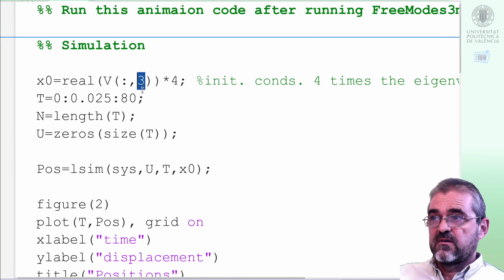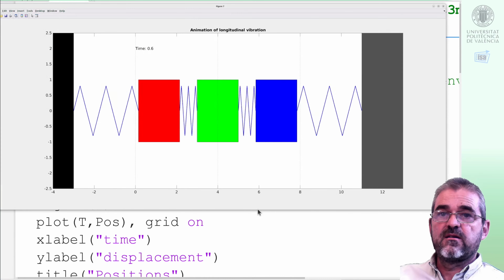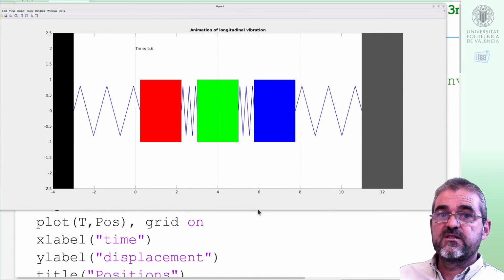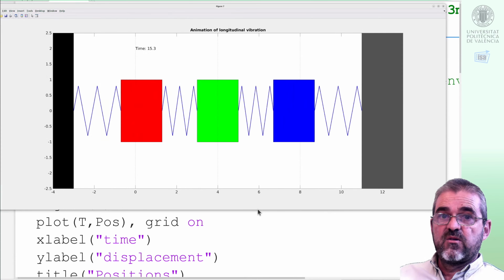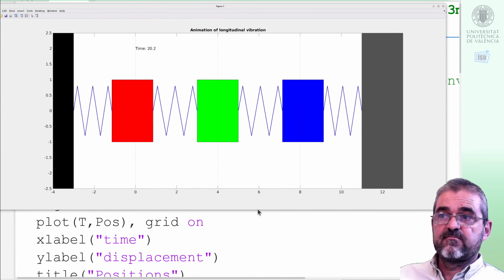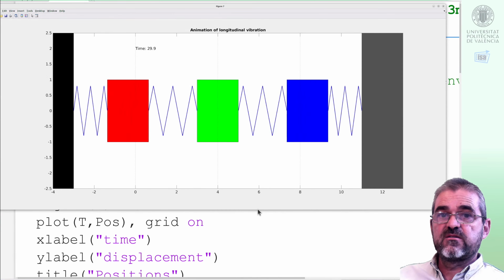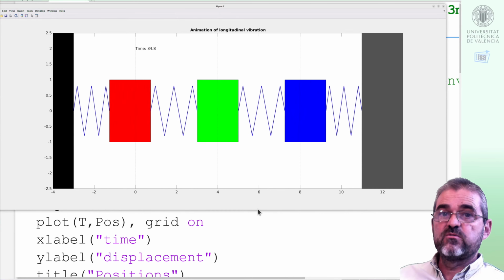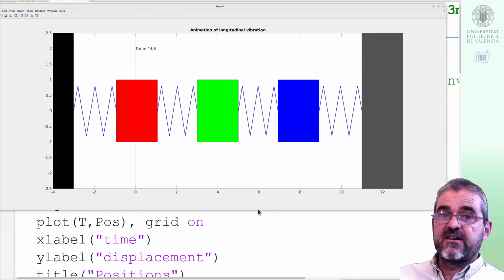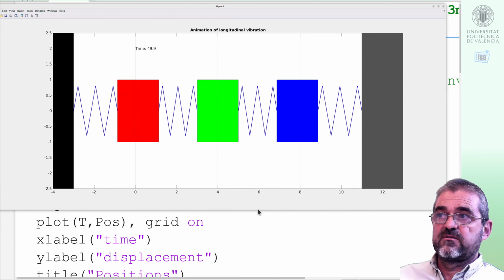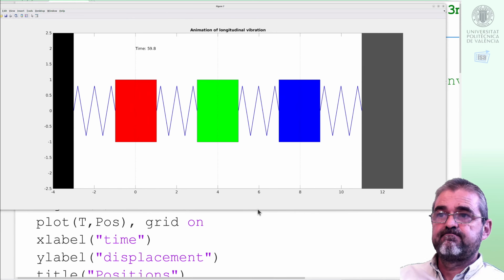If I now execute the animation with the new eigenvector, here it is: the red and blue masses move with opposite phase and the green mass does not move. This is the second damped vibration mode that, like the first one, vanishes in around 63-65 seconds.